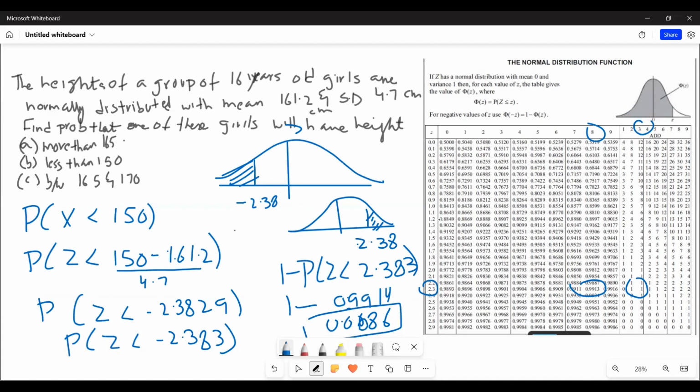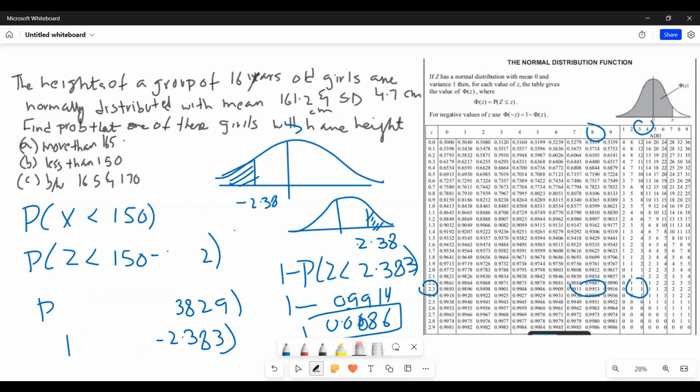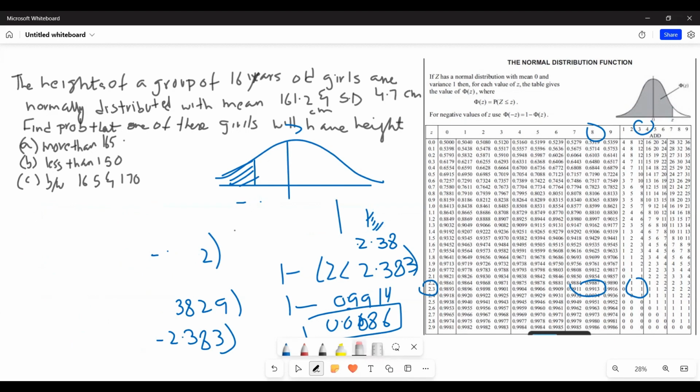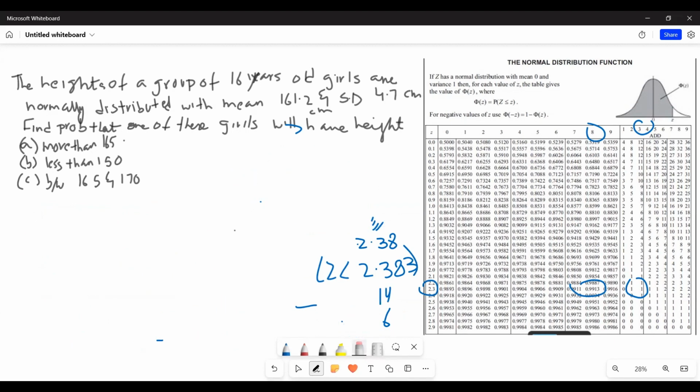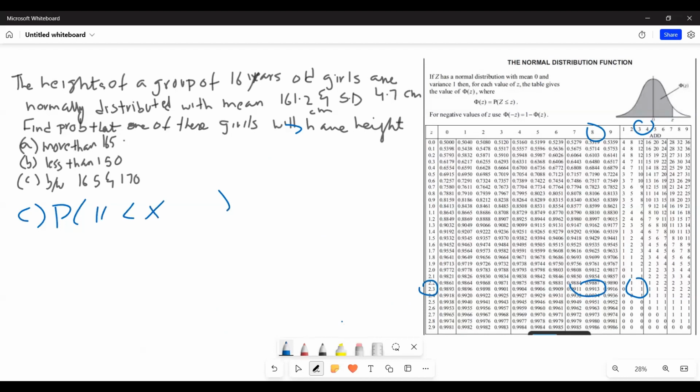Part C. Probability X is between 165 and 170.